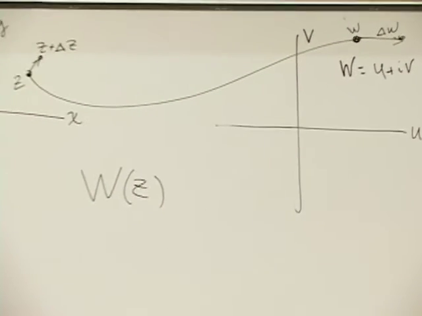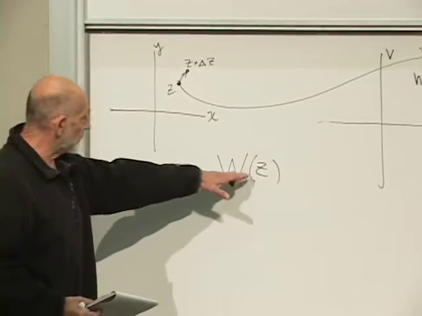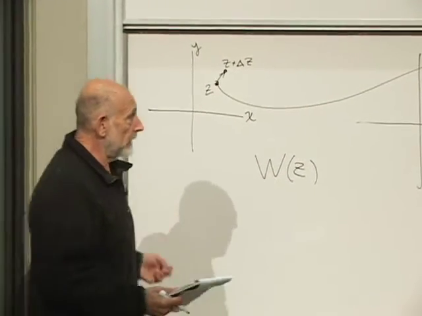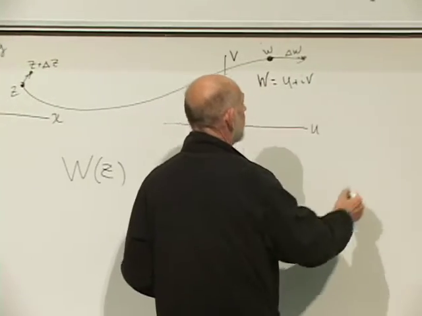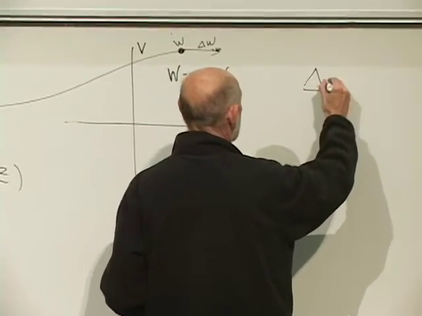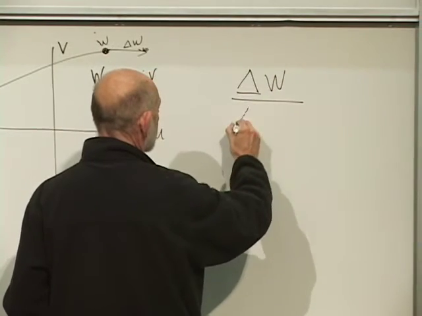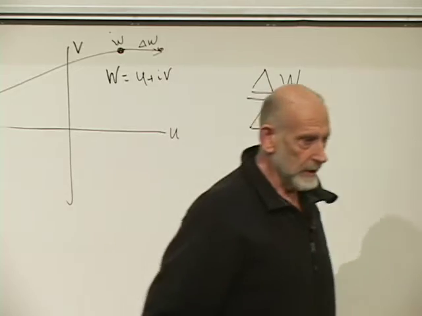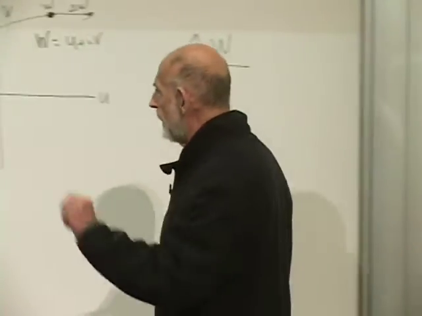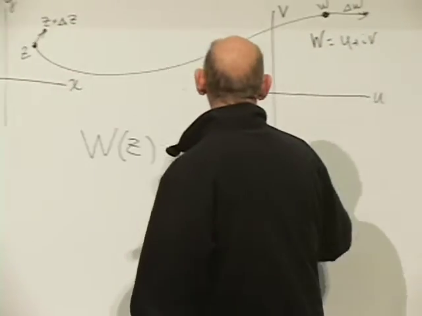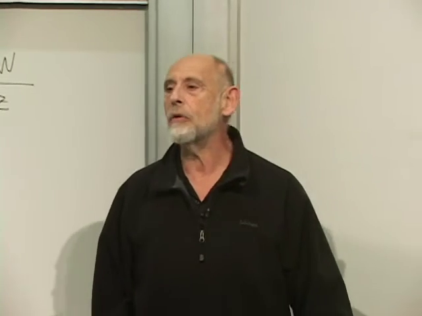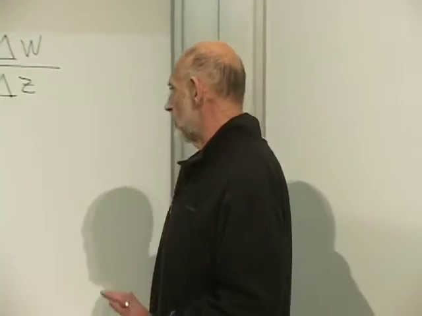Okay. What is the derivative of w with respect to z at the point z? Well, the answer is obvious. It is delta w divided by delta z, in the limit that delta z goes to 0. The usual logic of what a derivative is: it's the difference between the function at neighboring points divided by the difference between the coordinates at neighboring points. There's only one problem, something new.